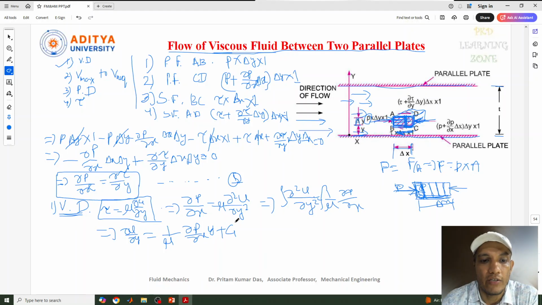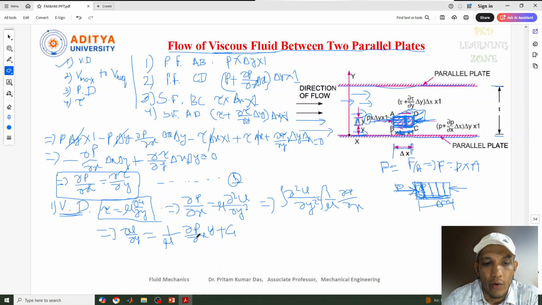C1 is the constant. Okay, now see what we have just integrated this one, and del square u by del y square equal to 1 by mu del p by del x. So this integration what we got here.